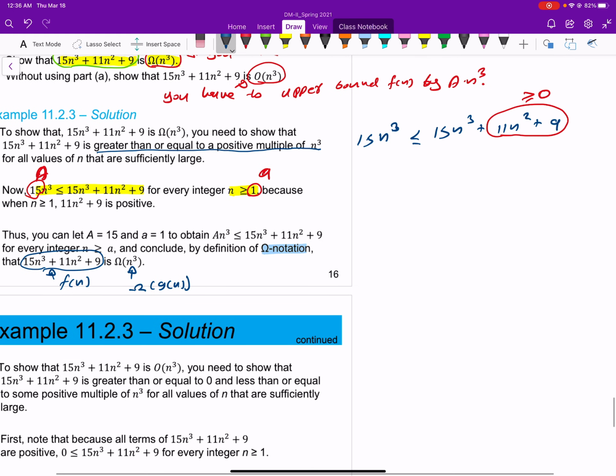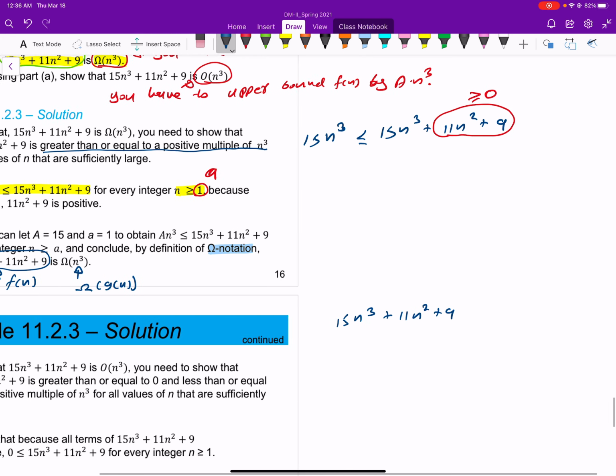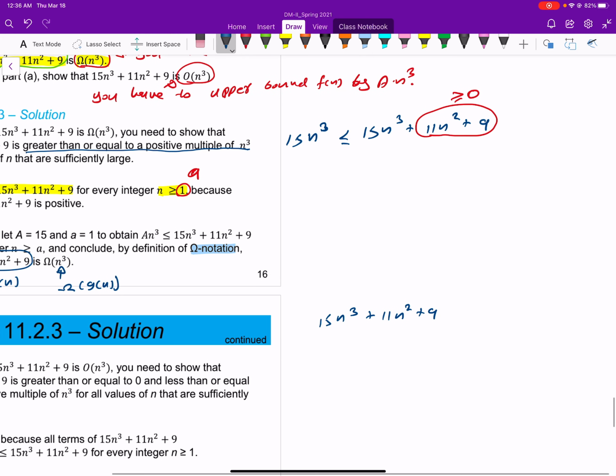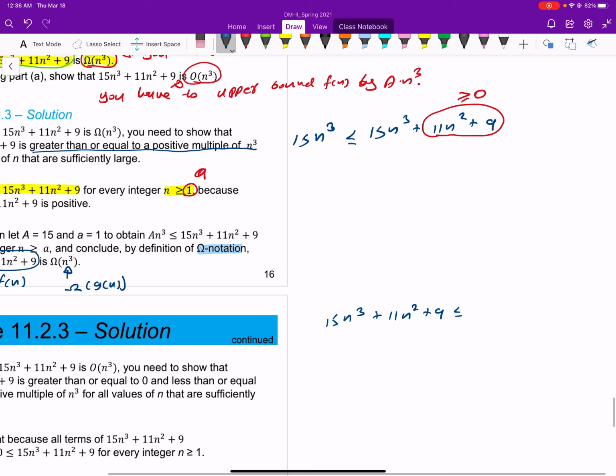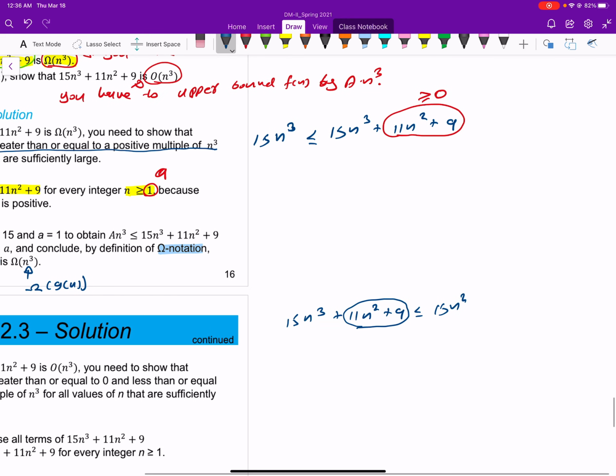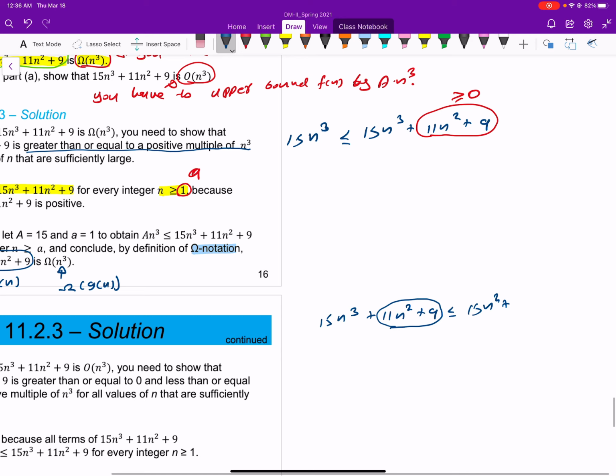The function is 15 n to the power 3 plus 11 n to the power 2 plus 9. We have to make an upper bound for this. So what I could do is I could just write this as this. I put 15 n square, and then I change these to something like that, which is 11.